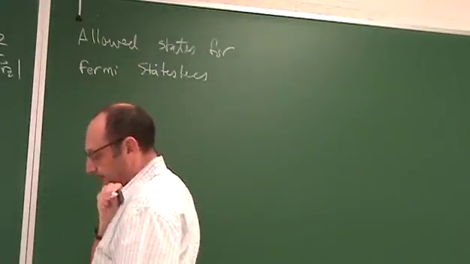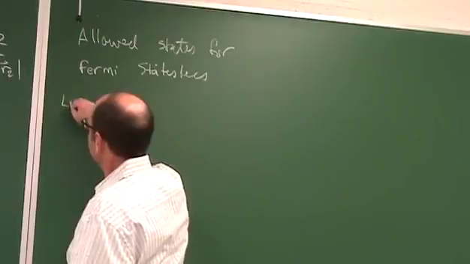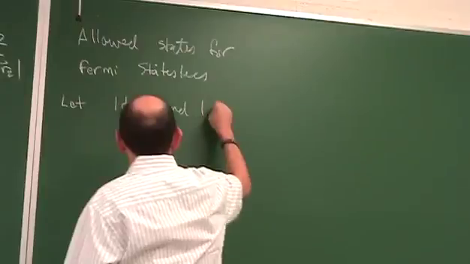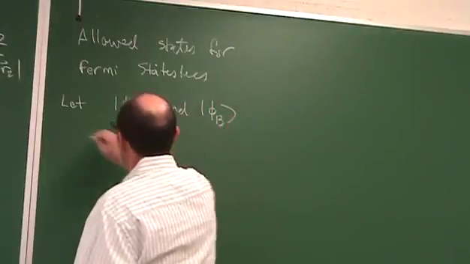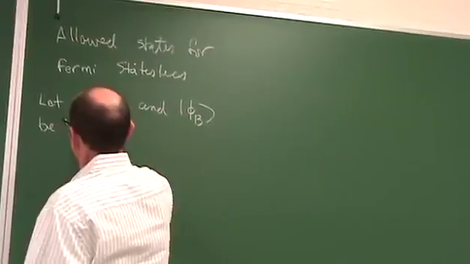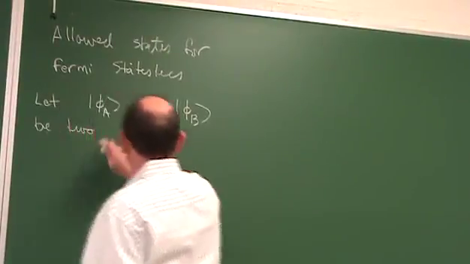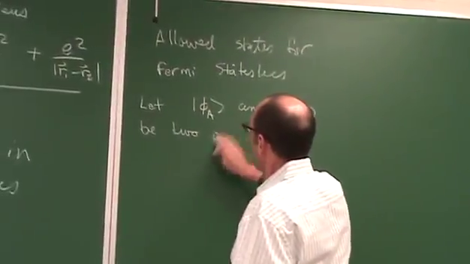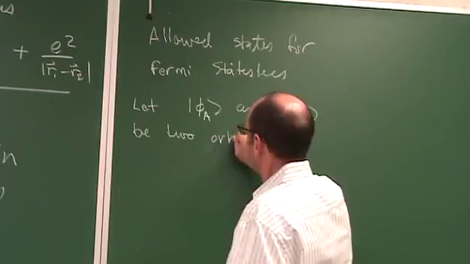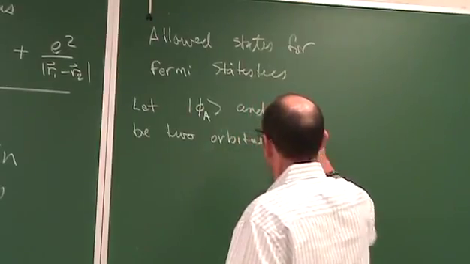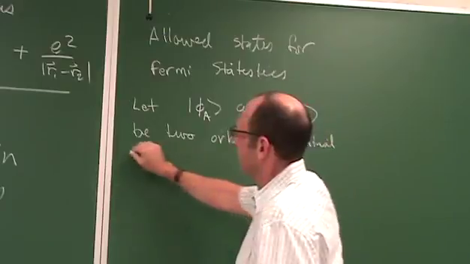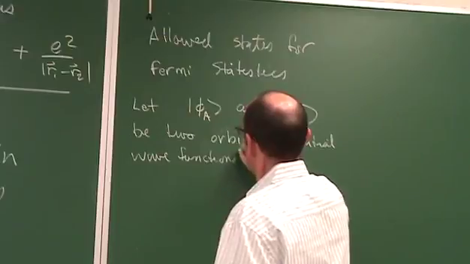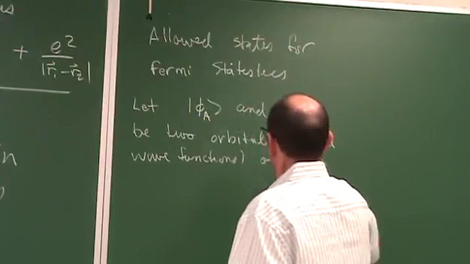So let us imagine phi A and phi B to be two orbitals, that is to say, spatial wave functions of an electron.